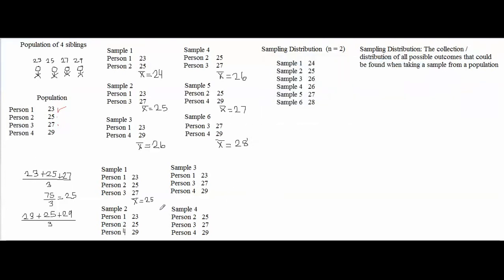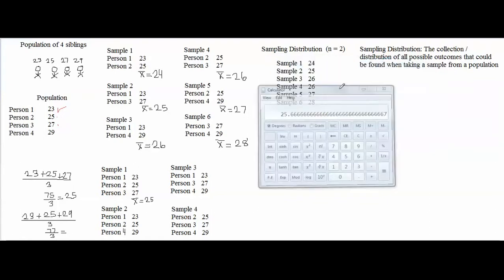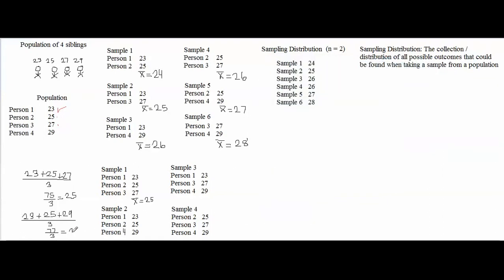So it's 77 over 3. 77 divided by 3 is 25.67 if we round to 2 places.